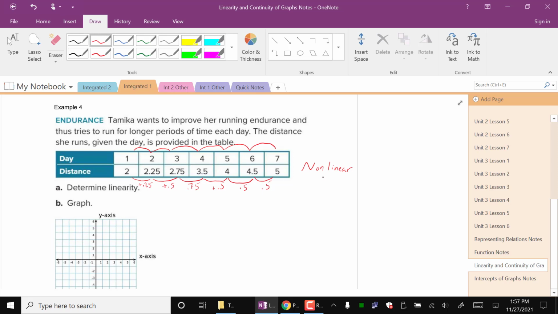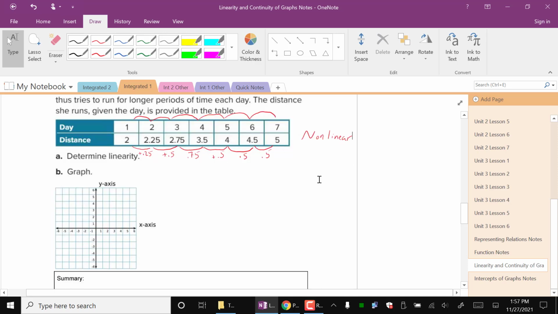All right. Now let's graph this. So the trouble is, because it's not much of a difference, it's going to be hard to see that it is non-linear. It's going to look very linear to us. So let's graph this out. So the first one is at 1, 2.